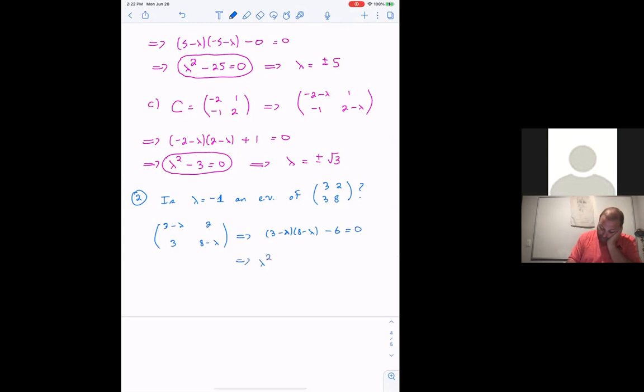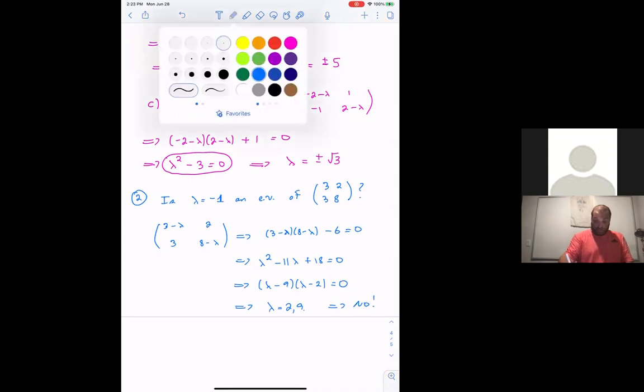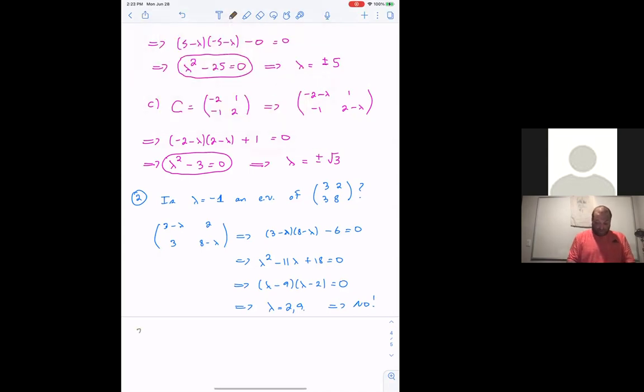That gives me lambda squared minus 11 lambda plus 18 is equal to 0, which when I factor, gives me (lambda minus 9)(lambda minus 2) is equal to 0, which tells me that lambda is equal to 2 and 9, not -1. So therefore, the answer is a big resounding no. -1 is not one of the eigenvalues, because we found the eigenvalues and -1 was not on the list. There are no other ones.